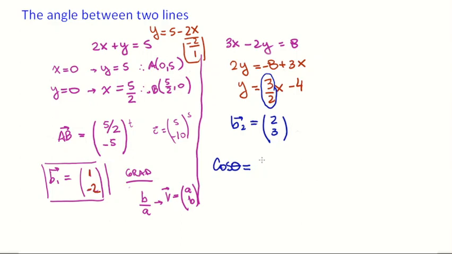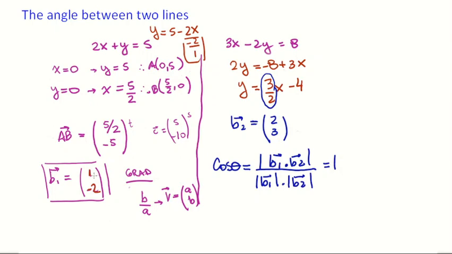So basically it's the cosine rule again, slightly different. It's the dot product now. So the absolute value of b1 dot b2, over the magnitude of direction vector b1 multiplied by the magnitude of direction vector b2. So b1 dot product with b2, absolute value.